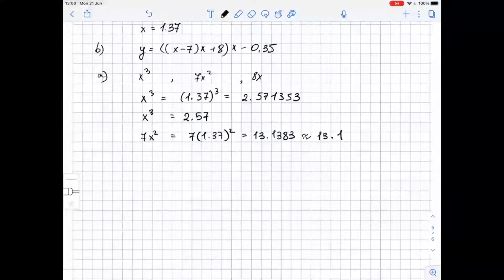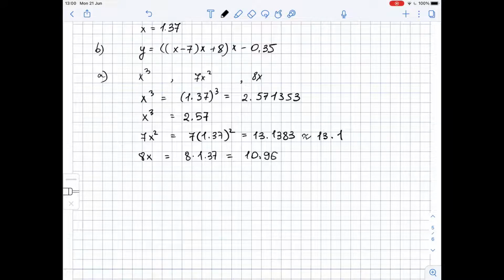Well, and now we need to find 8x. So 8x equals 8 times 1.37 equals 10.96, and again we do the chopping and we get 10.9.